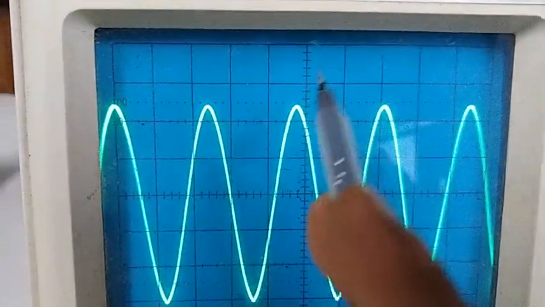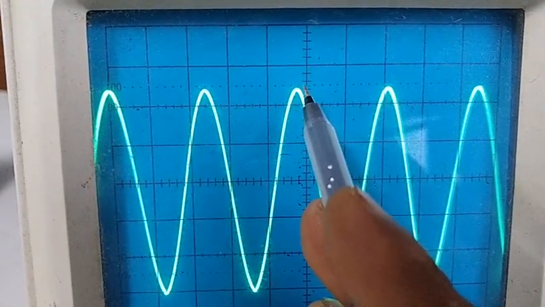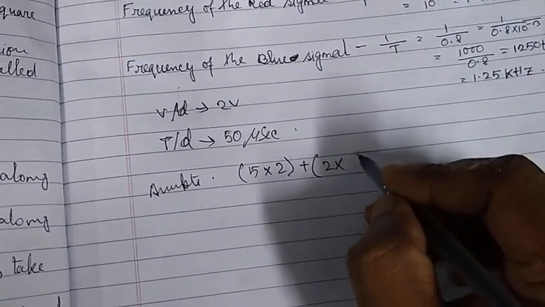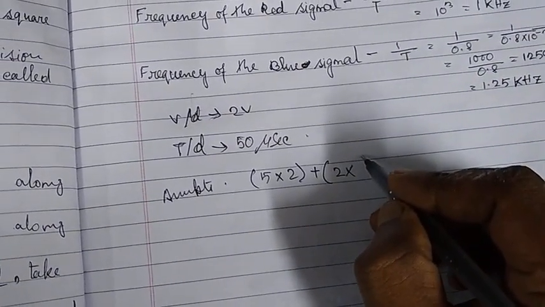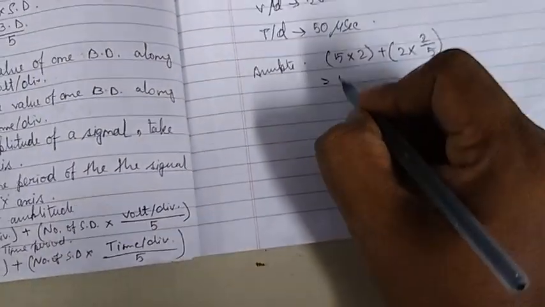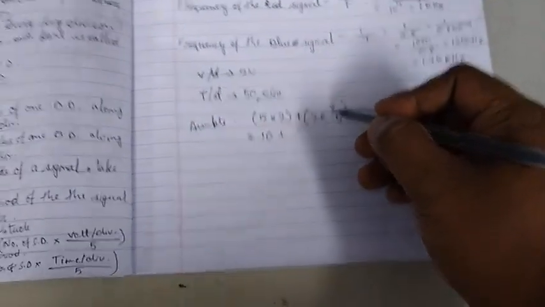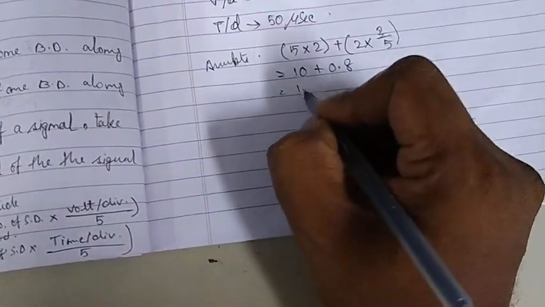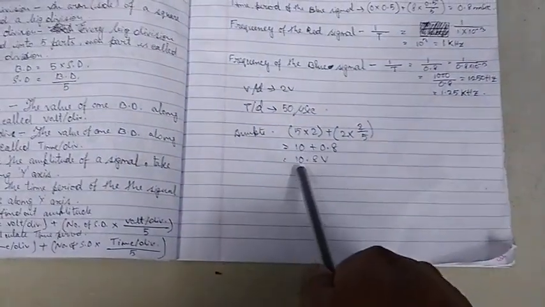See, one small division, two small divisions. So 2 into 2 by 5. So this is 10 plus 2 by 5 means 0.4, 0.4 into 2, 0.8, that is 10.8 volt. The amplitude is 10.8 volt.